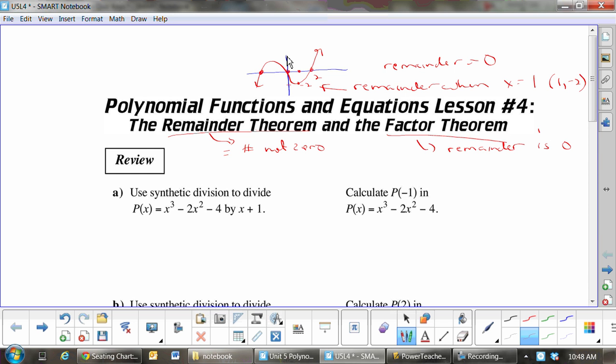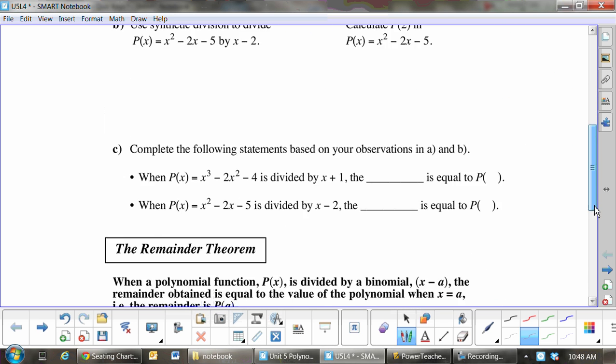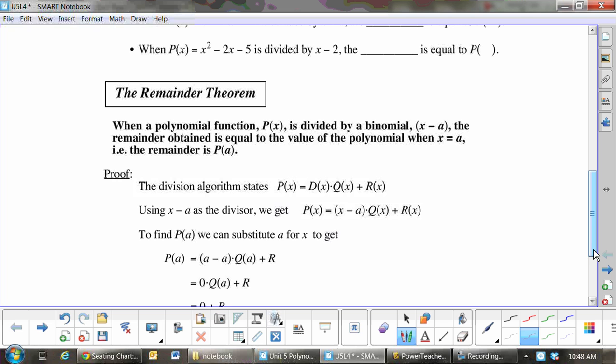Let's actually go down to here and talk about the remainder theorem. The remainder theorem is when a polynomial is divided by a binomial and the remainder obtained is equal to the polynomial when x equals a.